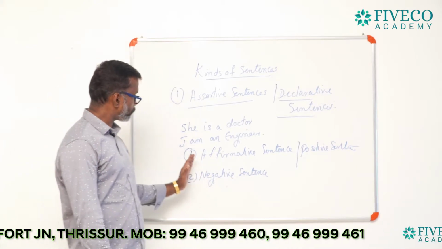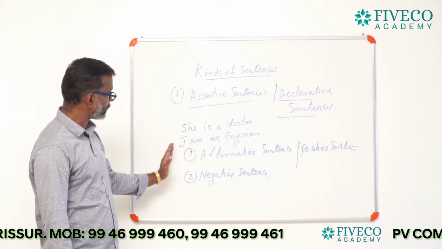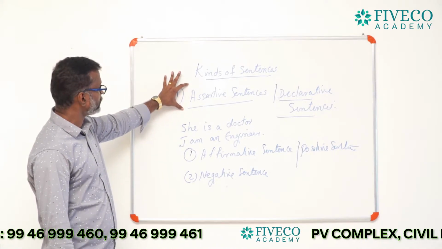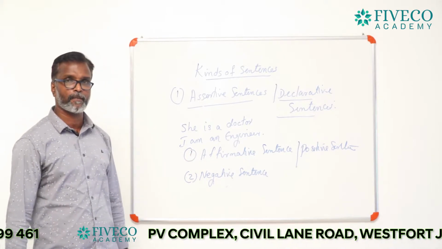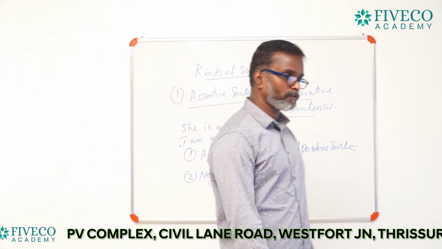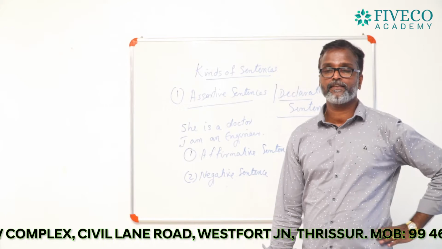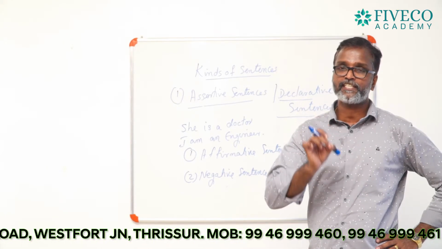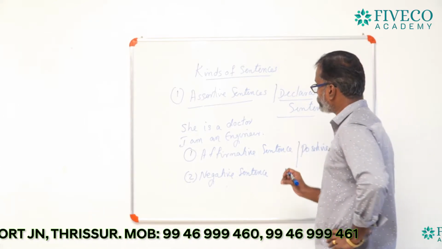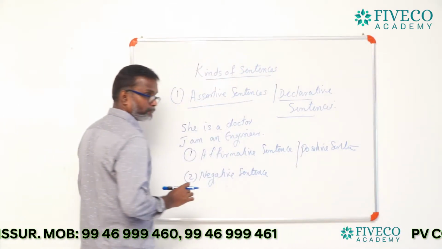You understand? So there are two types of sentences which come in assertive sentences. One is affirmative and the other is negative. And there are some other words which will give a negative effect in our English. We don't need to use not all the time.